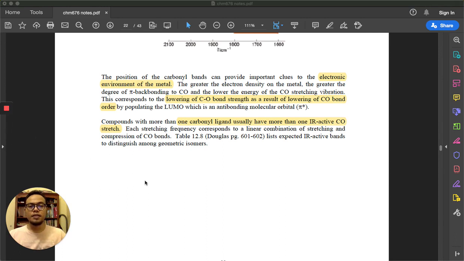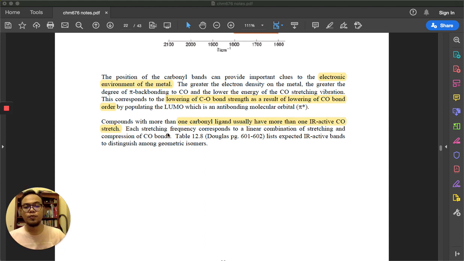So when the degree of pi bonding is greater, due to the excessive electrons that your metal is holding, this corresponds to the lowering of your bond strength, because the higher the degree of pi bonding, the weaker the bond is. And this, of course, will lower the bond order and will make the bond length longer. So this can be seen from the frequencies of your IR. It will be much lower.